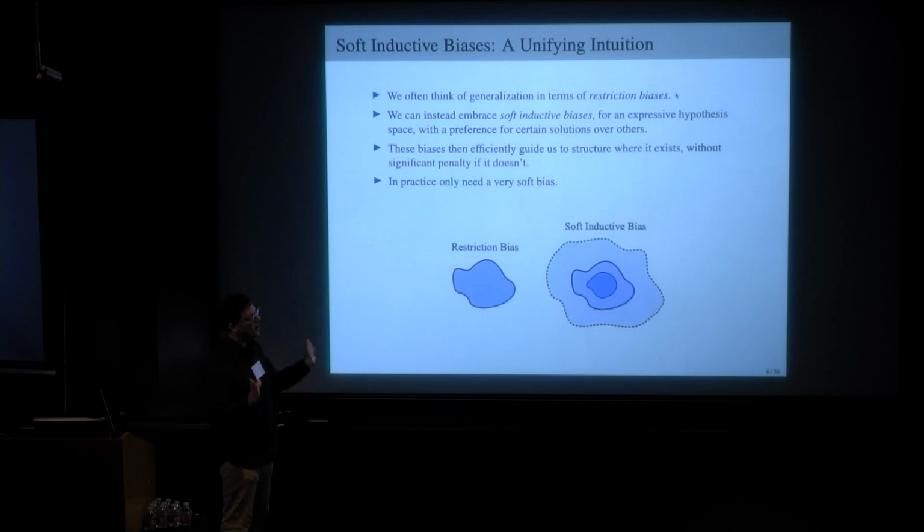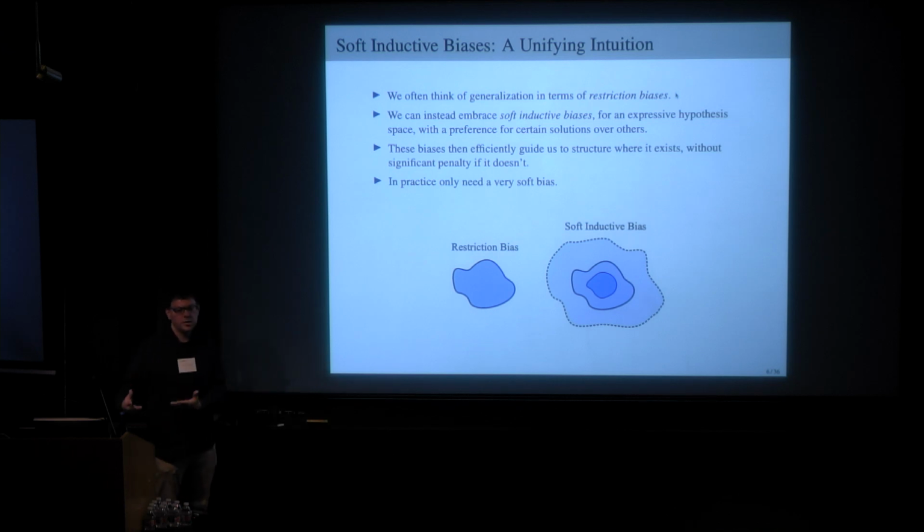But we don't have to really use restriction biases. We can embrace a really flexible hypothesis space as long as we have these so-called soft inductive biases that will guide us to structure where it exists without, as we'll see, really penalizing us very much if it doesn't.